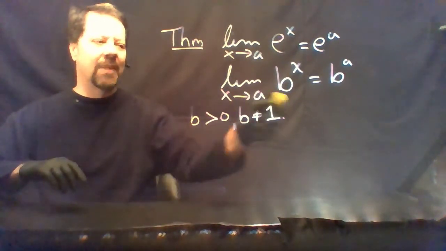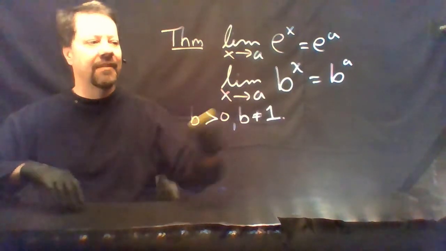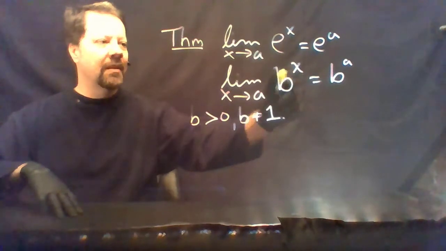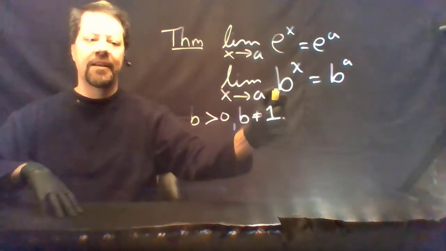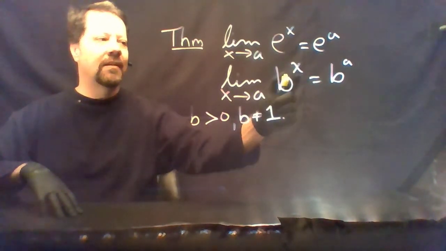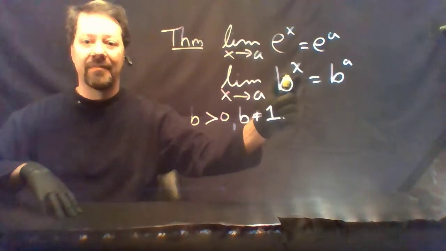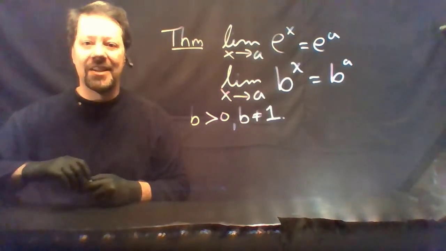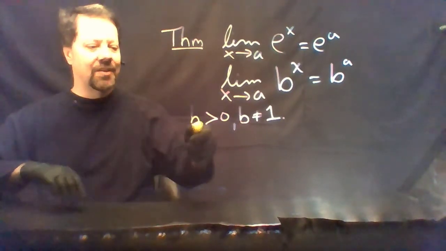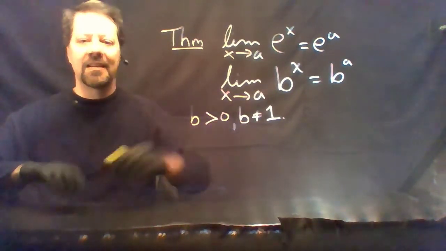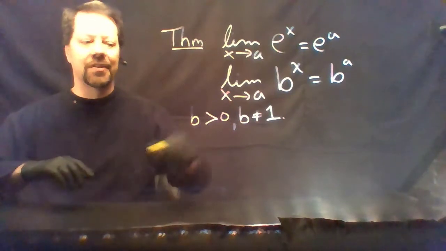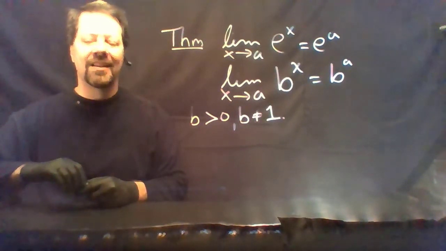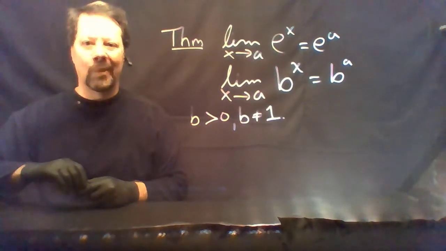b has to be positive because if b is negative, you start to end up having complex valued expressions. So for example, if b was -1 and x was 1/2, we would have the principal square root of -1, namely the imaginary unit i. So in this course, we'll assume these bases for exponential functions are positive real numbers, not negatives, not 0, not 1.